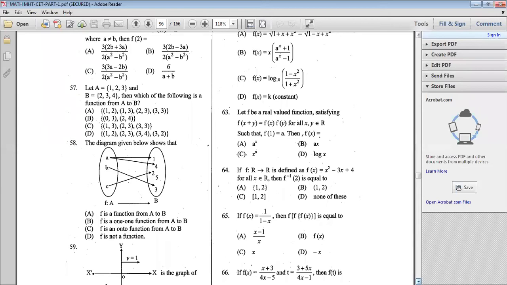Already I gave you the real valued functions. Let's observe the notes. The answer is a raised to x. Good.